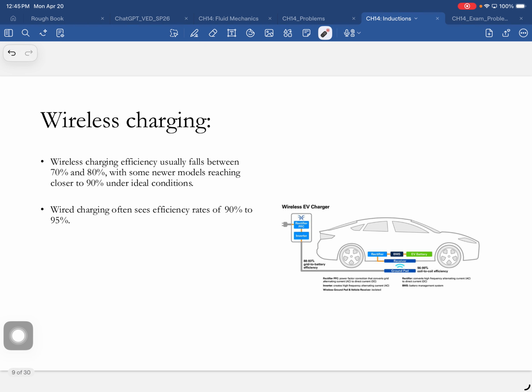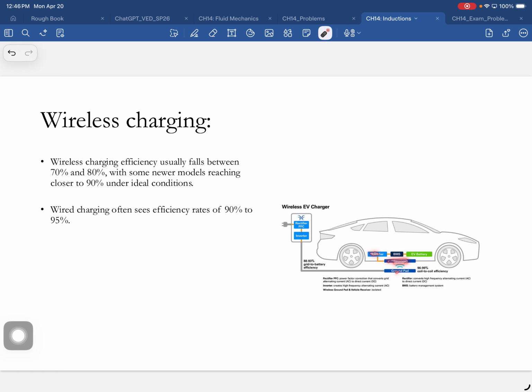So here's a wireless electric vehicle charger. This is saying 90% grid-to-battery efficiency. Here is an AC pad, and here's the receiving coil.